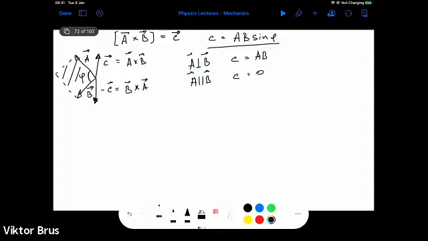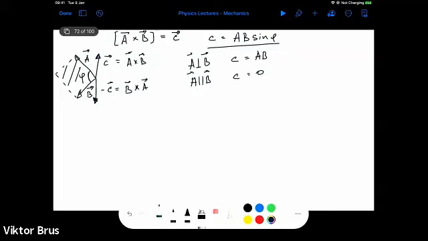So the product of two parallel vectors will give us 0.